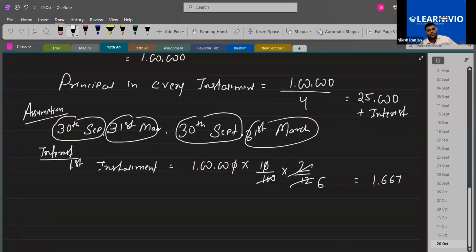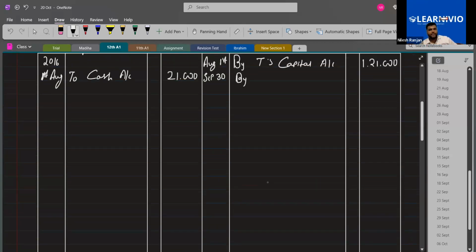So 1,667 I have taken. This is the interest. And cash paid will be 25,000 plus interest all the time. So it will be 26,667.